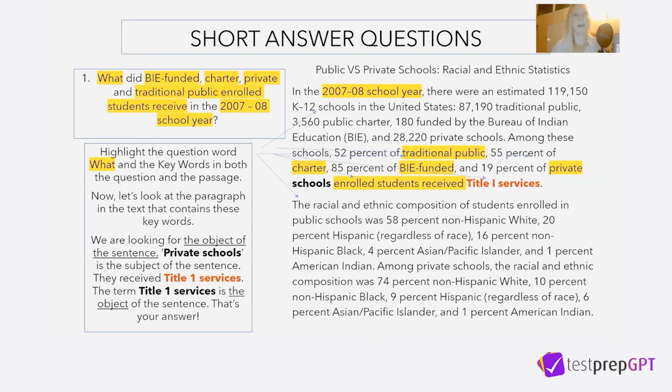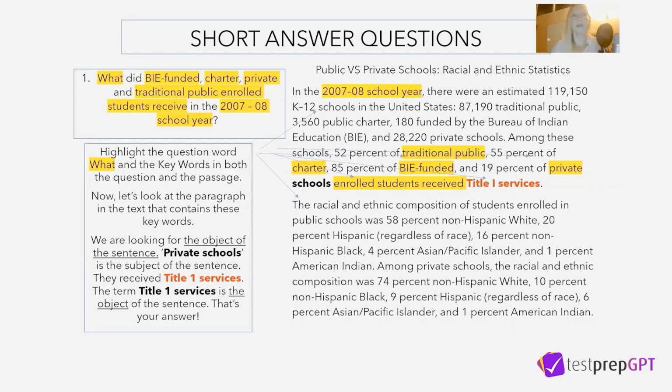So coming back to the question, what is the question word? What did BIE funded, charter, private and traditional public enrolled students receive in the 2007-2008 school year?